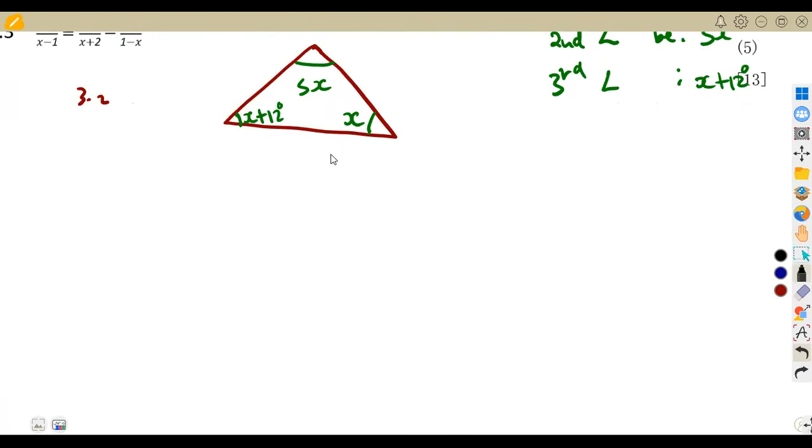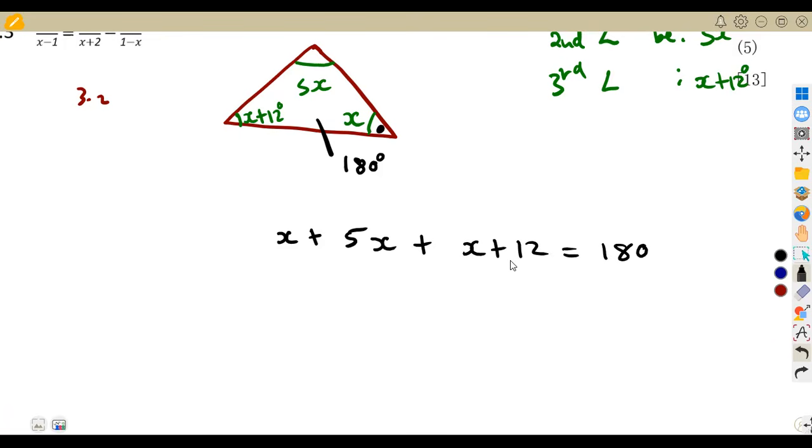Understand that in a triangle, the interior angles, the angles that are inside the triangle, add up to 180 degrees. So if we combine everything, the first angle, which is x, plus the second angle, which is 5x, plus the third angle that we got as x plus 12, we are supposed to get the sum of 180 degrees, which is the total of the angles of a triangle.